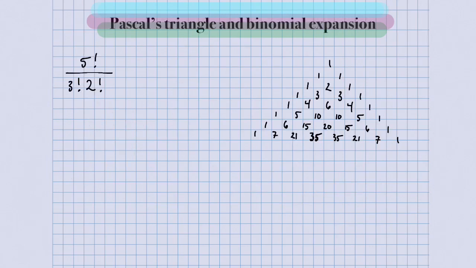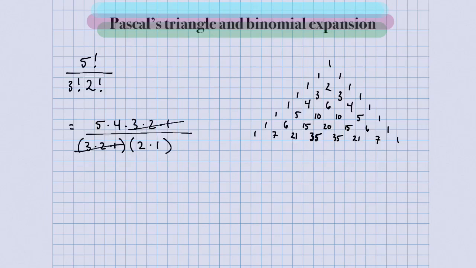Okay, what if we have something that looks like this? 5 factorial divided by 3 factorial times 2 factorial. Okay, same kind of thing. 5 times 4 times 3 times 2 times 1 divided by 3 times 2 times 1 times 2 times 1. Okay, this 3, 2, and 1 could cancel out with that.